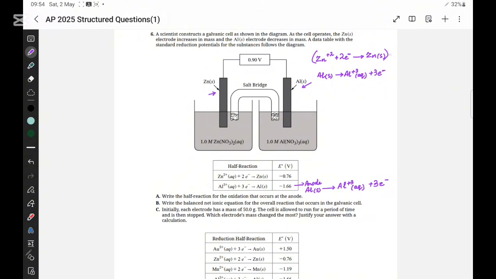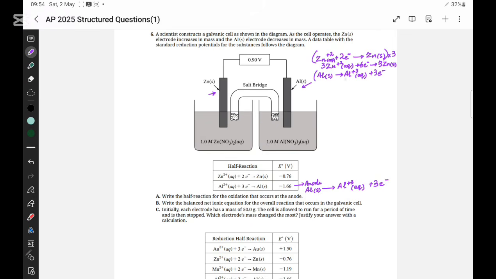So I'm going to multiply the zinc reaction by 3, so it becomes 3 Zn2+ in aqueous form plus 6 electrons, forming 3 zinc solid.